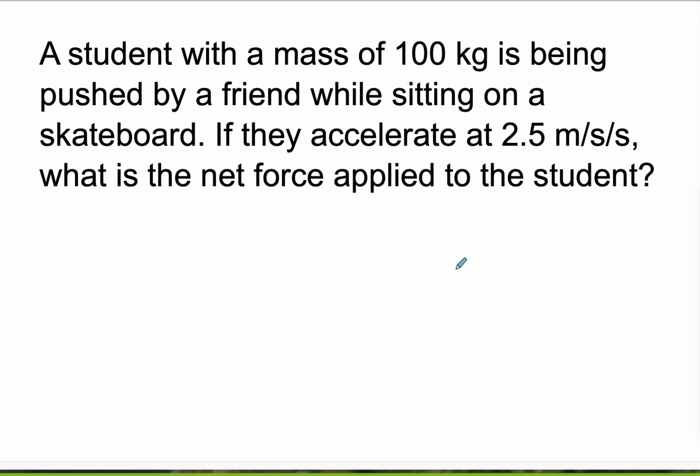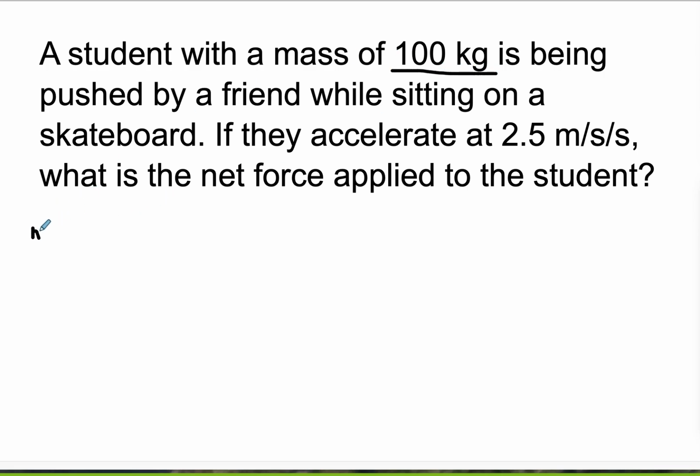So I have a student. They have a mass of 100 kilograms. They're sitting on a skateboard, and their friend is pushing them. Now they are accelerating at 2.5 meters per second squared. I want to know, what is the net force? So let's write down everything we're given in this problem. We're given the mass.